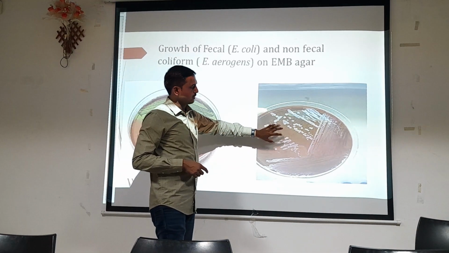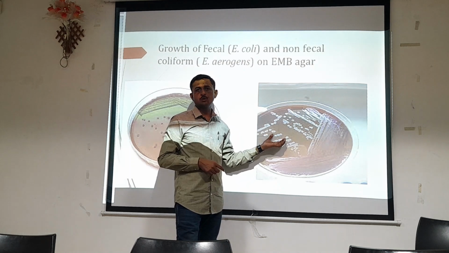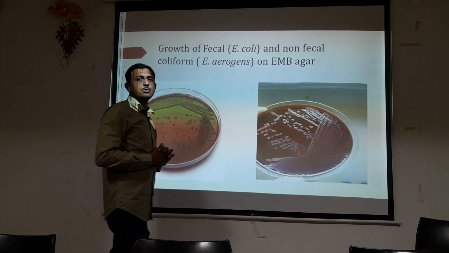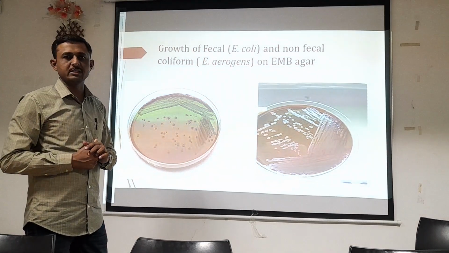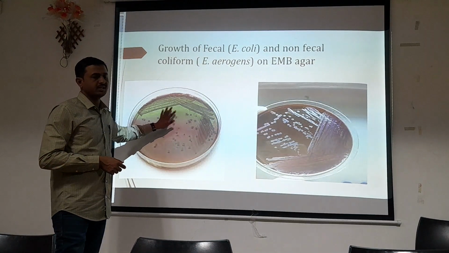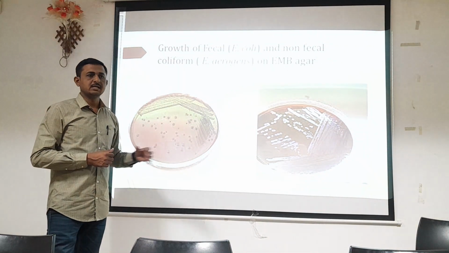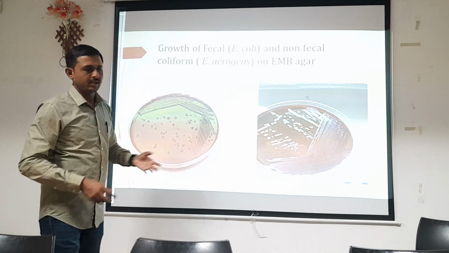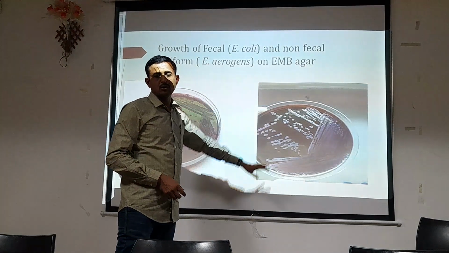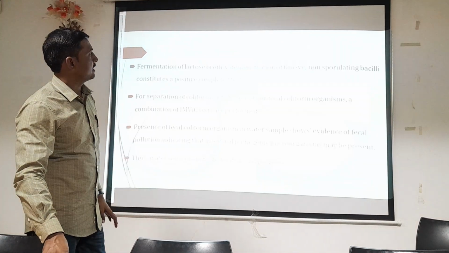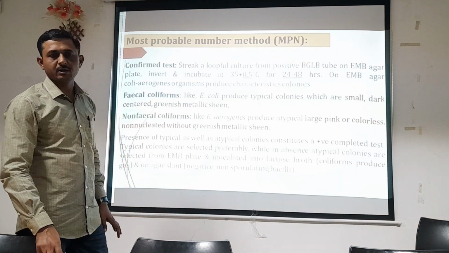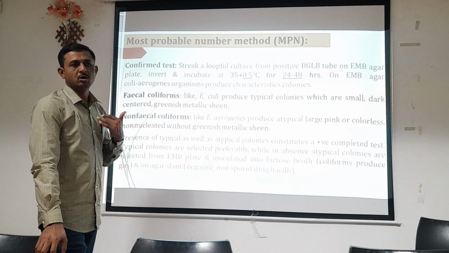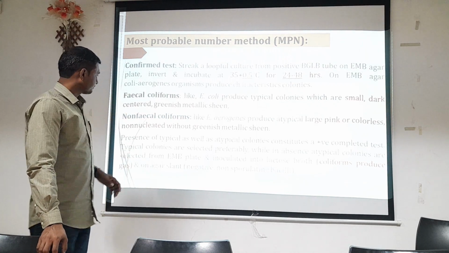On another plate, you can observe pinkish or colorless, large colonies, which are characteristic of non-fecal enterogenes type of organism. So if you observe metallic sheen colonies, you can confirm that the organism is E. coli and is from fecal origin. And if you observe the other type of colony, you can say that though it was a coliform, it is from a non-fecal source of origin.